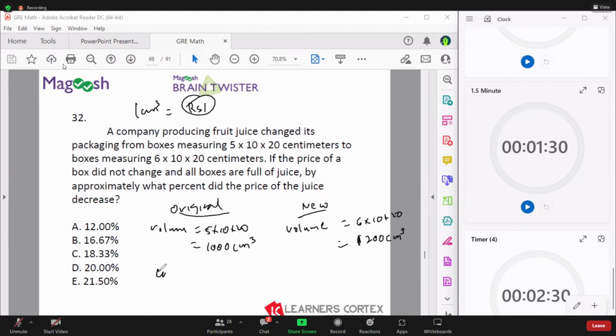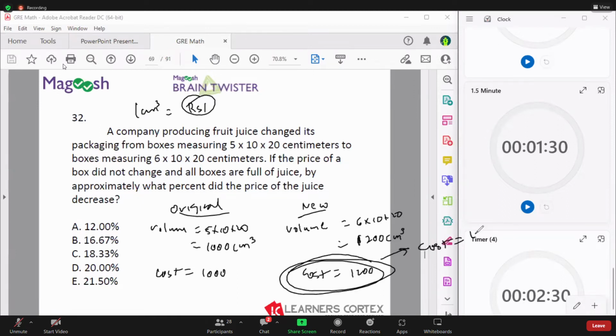So the cost here is 1000 and the cost here is 1200. This would have been the cost, but the cost actually remains the same, so it is still 1000.